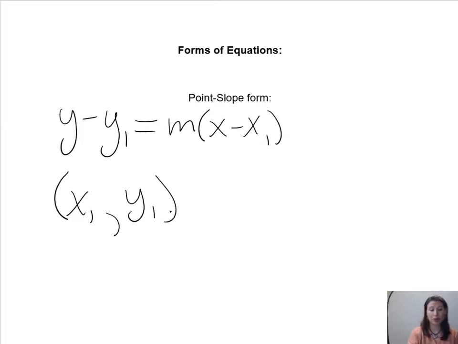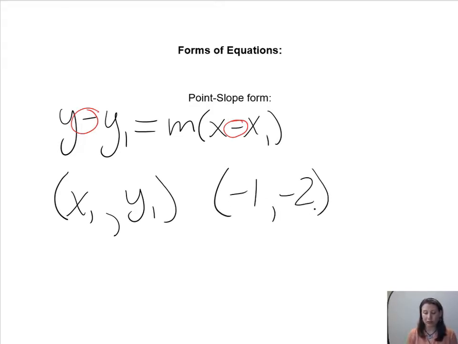Now, notice the equation does again have these negatives. So whenever the value is with the variable, you always subtract the value, okay? So again, if we had the point -1, -2, well, that would be y plus 2, right?